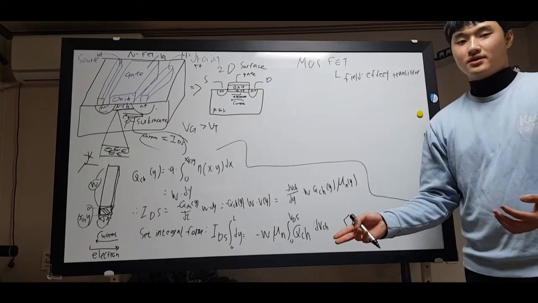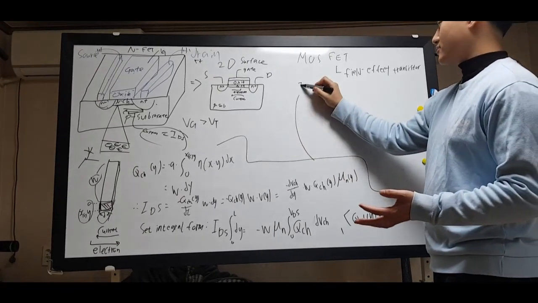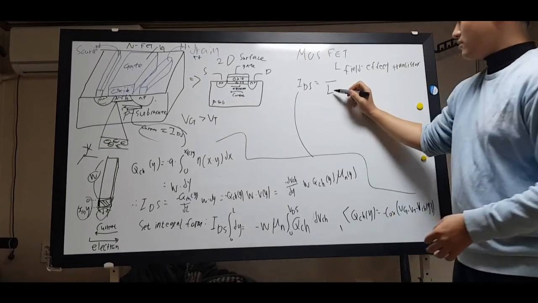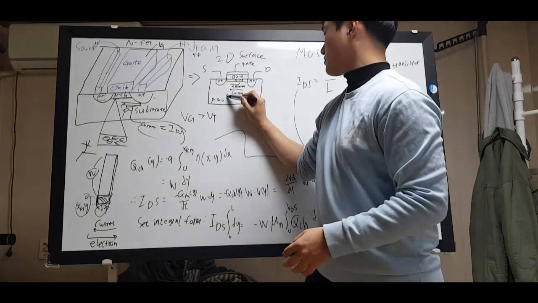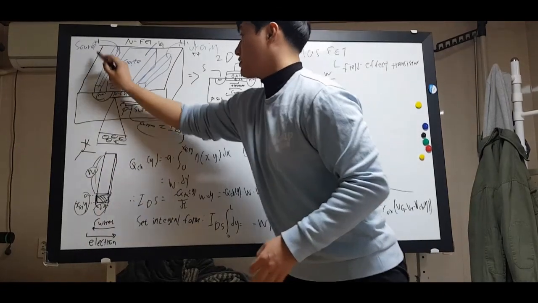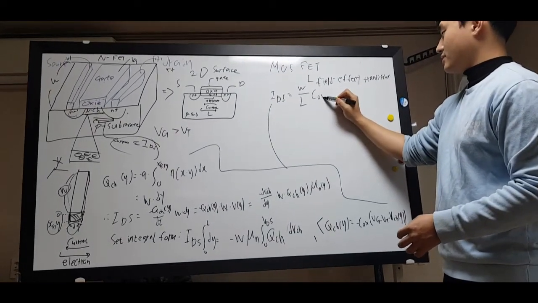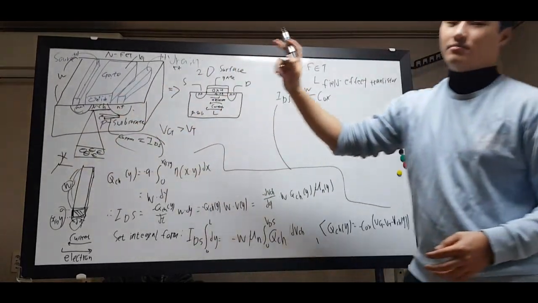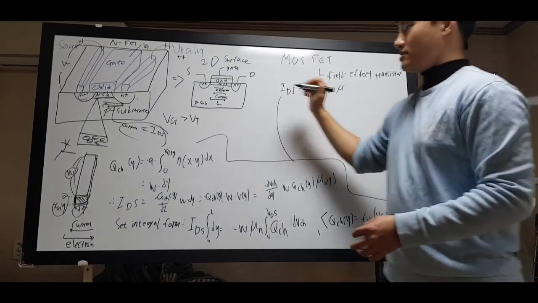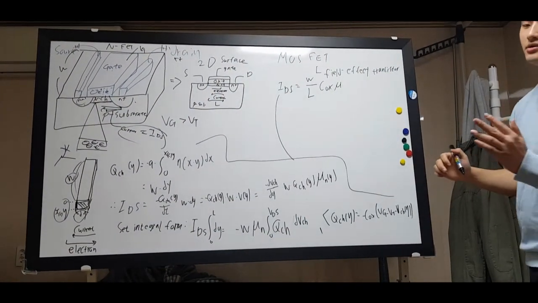So if we acquire the equation for the current from drain to source, IDS will be the width of the block over the length of the gate, multiplying the capacitance of the oxide, like in the MOSCAP, and the mobility of the carrier. Since this is about the n-MOSFET, I will talk about the electron mobility in the electric field.